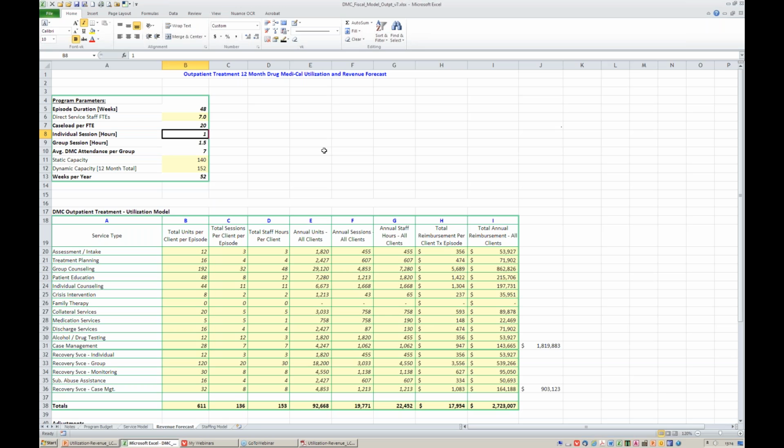Your static capacity is 10. Period. Because that's what your license is. If you turn those beds over, so your length of stay is a month, then you turn that caseload over 12 times a year. So your dynamic capacity is 120.